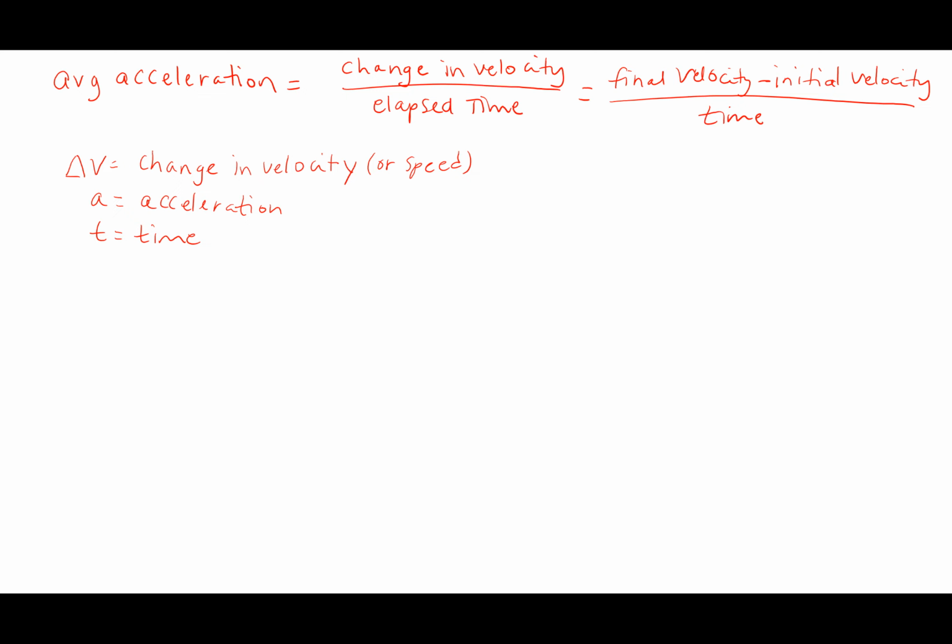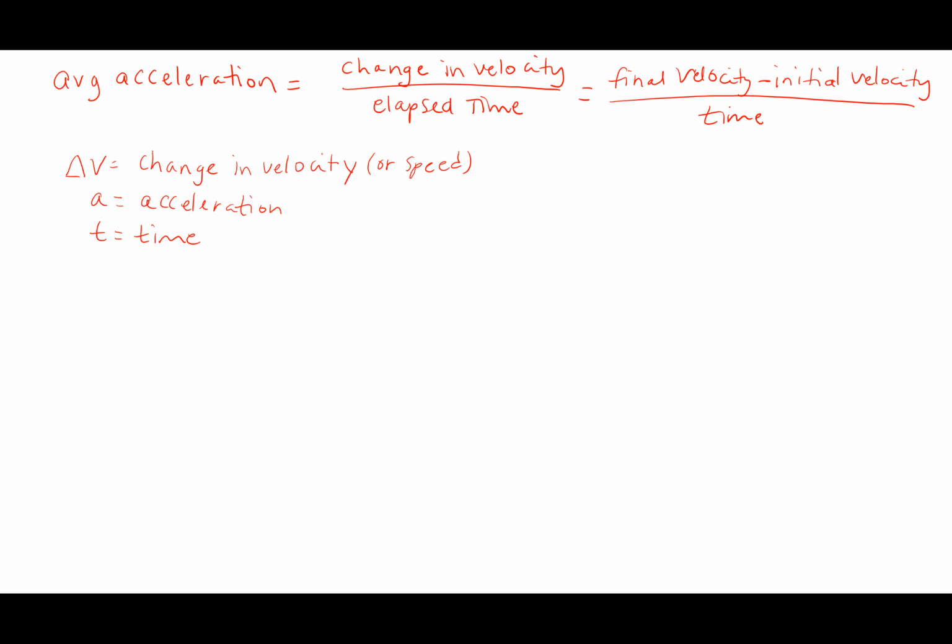So up here you can see that I've written average acceleration equals change in velocity divided by elapsed time. Now what that really means is final velocity minus the initial velocity divided by time. So 60 minus 0 divided by time, say 30 seconds. So this final velocity minus initial velocity is your change in velocity. And this delta sign here, the triangle delta V, just means change. A for acceleration and T for time.